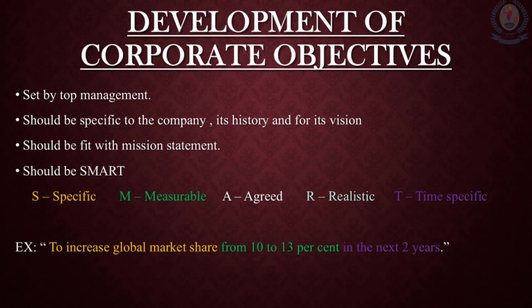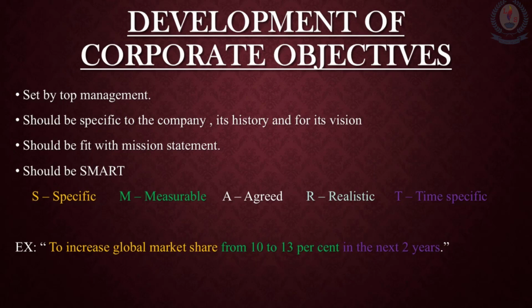Letter S symbolizes specific and the letter M symbolizes measurable. Letter A symbolizes agreed. Letter R symbolizes realistic. Finally, letter T symbolizes time specific.